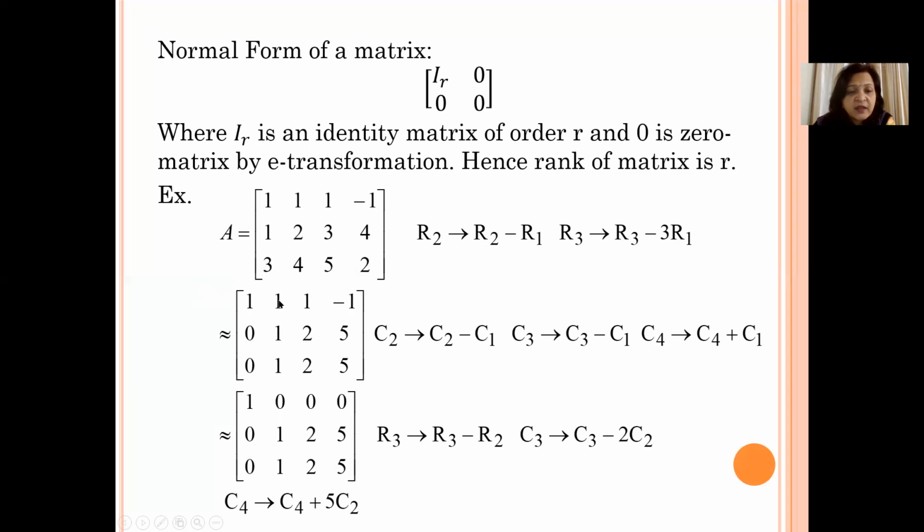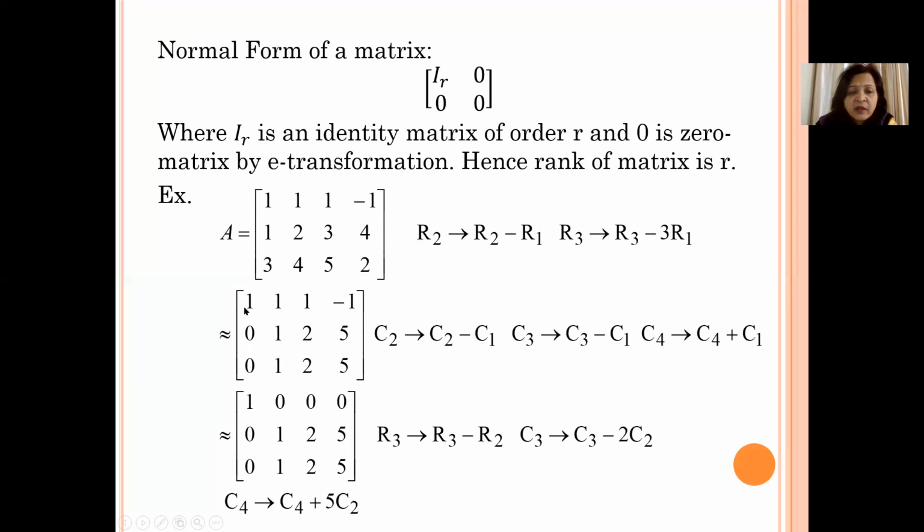Now come to the second column. To obtain the unit matrix, we have to convert the matrix into such a form that we get the identity element or unit element only at the diagonal position. So now to convert it into the identity matrix, we have to reduce these 3 elements to 0.